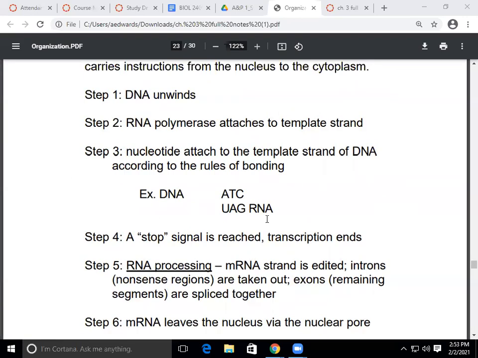RNA polymerase, that enzyme, attaches to your template strand, so you separate these two. The nucleotides start attaching to your template strand according to these bonding rules. Then you get a stop signal, which means no more transcription.